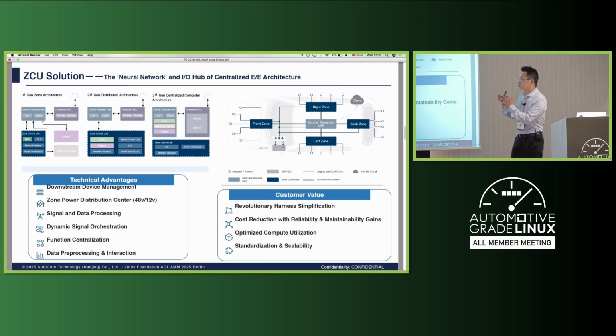But yes, to be able to keep all the data, for example, if you have two front zonal controllers, and the left one gets smashed or power gets dropped, then if you look at all the sensors and actuators connected to the front left, how fast are those going to be migrated, or those task statuses migrated and rebooted on the right?